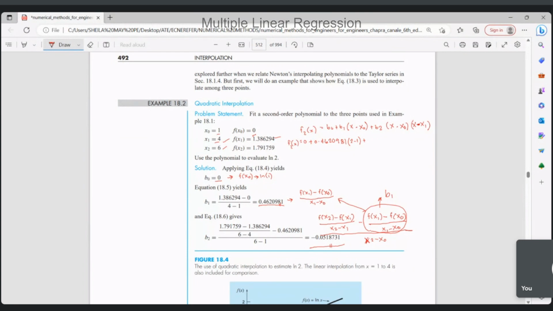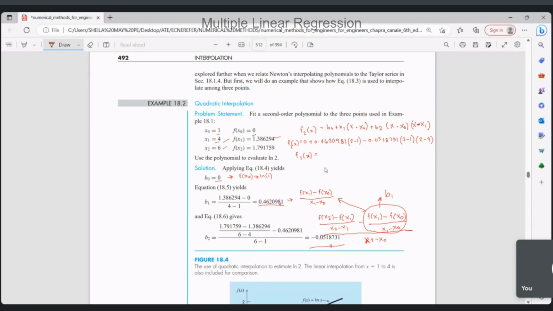Oops, di na siya plus. Atong B2 is on negative man. So that's minus 0.051871 multiplied by 2 minus 1 multiplied by 2 minus 4. All right. So F2 of X, F2 of 2 because X is 2.